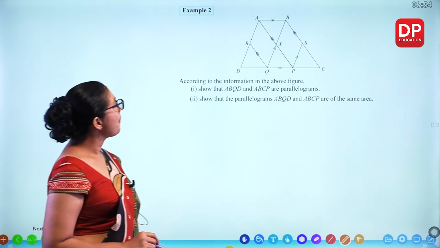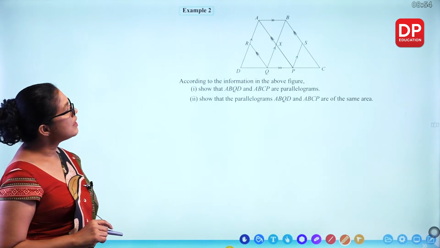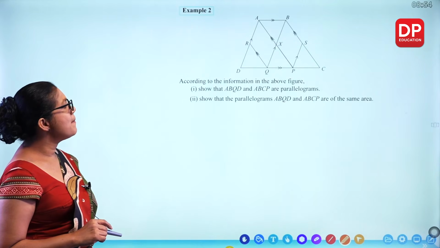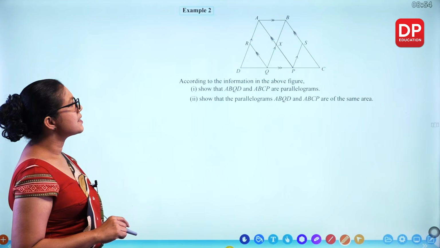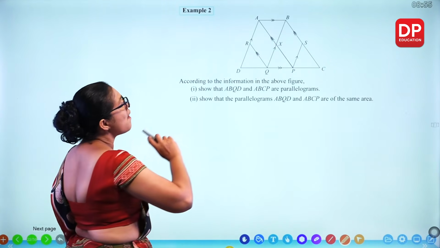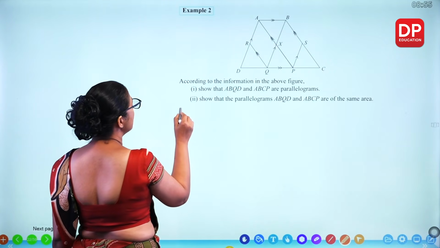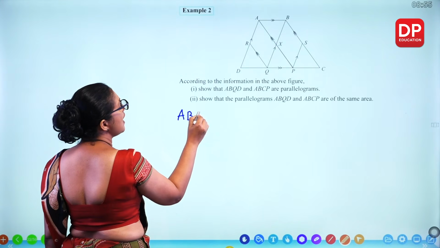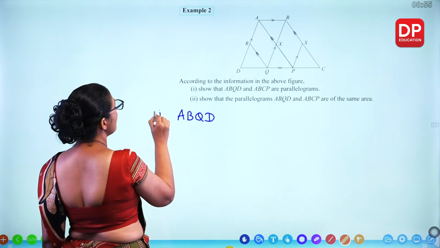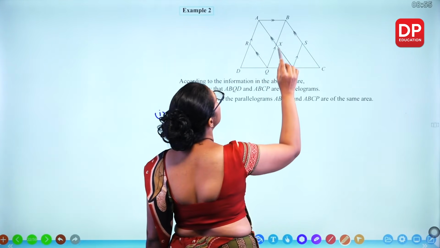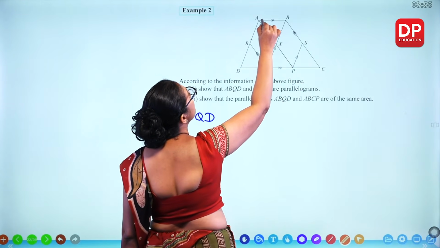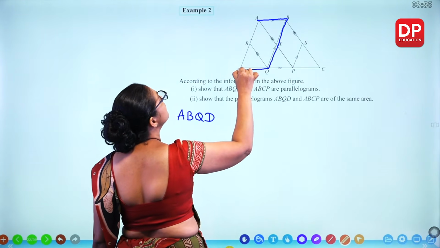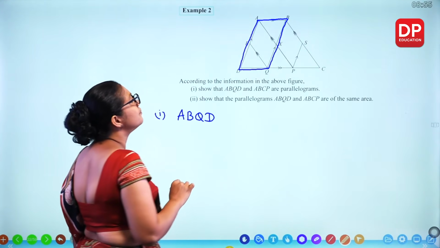Example number 2. According to the information in the above figure, show that ABQD and ABCP are parallelograms. ABQD. We'll look at the diagram. This one. What can you say?